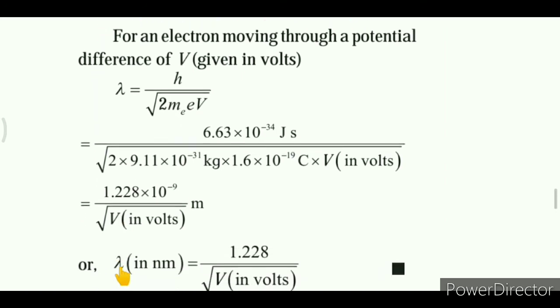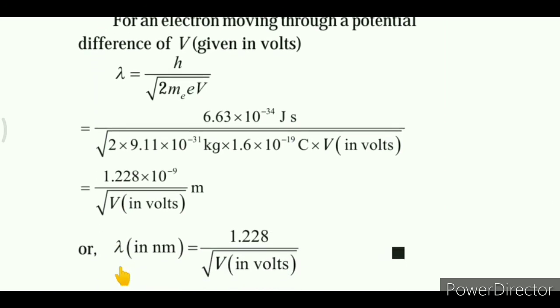Finally, we can give the value of the wavelength for an electron moving through a potential difference of V in nanometers, and that comes to around 1.228 upon square root of the potential given in volts.